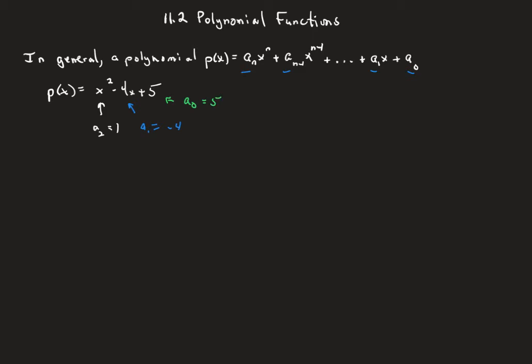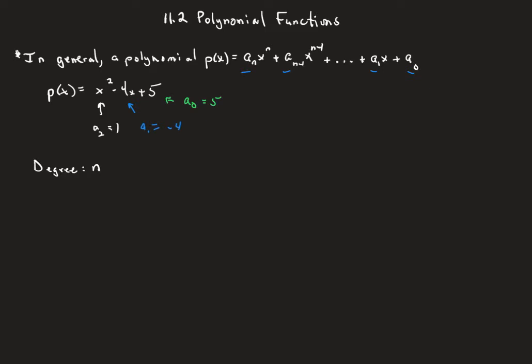Now, with a polynomial, we will talk about its degree, and the degree of the polynomial is going to be the exponent in the highest power of x that appears. So in our original general one, that is a polynomial of degree n.